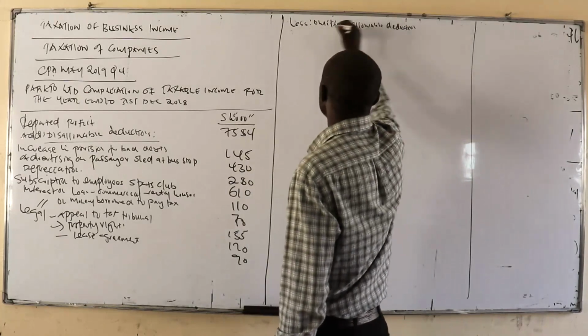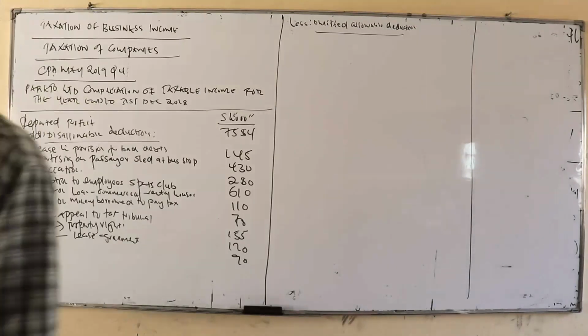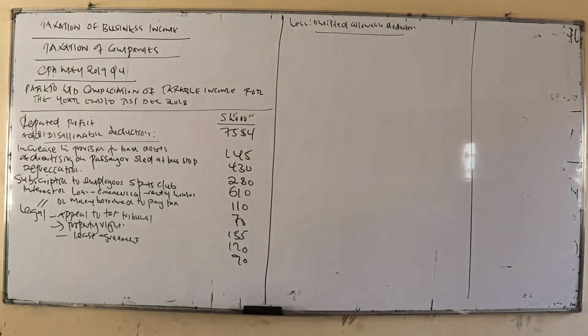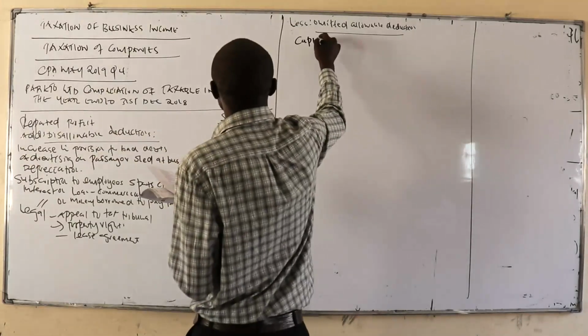You less omitted allowable deductions. So the first deduction is note number 9, capital allowances. You write there capital allowances; that one is allowable, it's omitted.